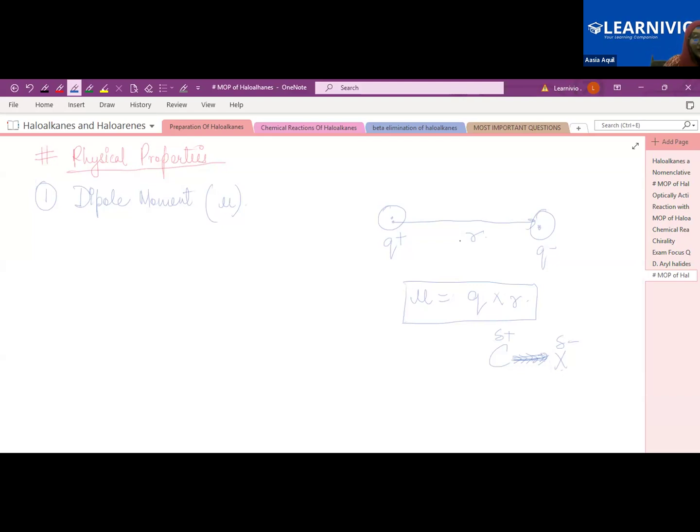Now the question can come like this. Suppose this is your aliphatic, basically this is your haloalkane. This is your aliphatic ring, cyclic, but aliphatic. You can see only single bonds are present. And this is your aromatic, this is your haloarene, with the halogen atom attached here.